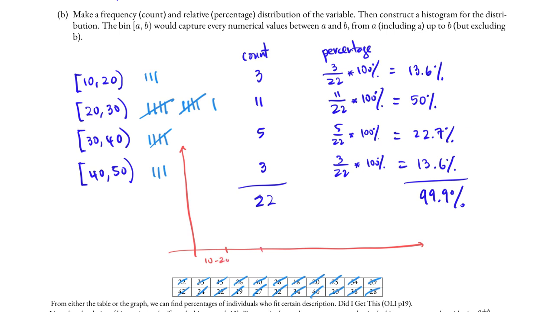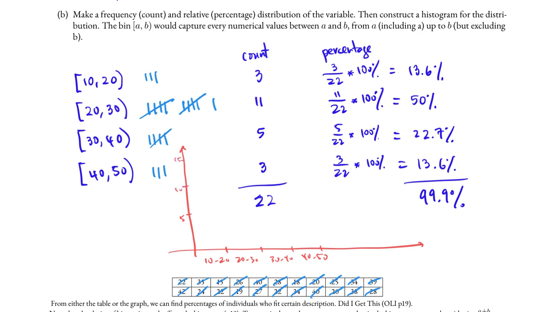The second bin is 20 to 30, and the next bin is 30 to 40, and the next bin is 40 to 50. We will draw the bars with heights using the counts, and so the largest count is 11, so we might use 5 and then 10 and then 15.